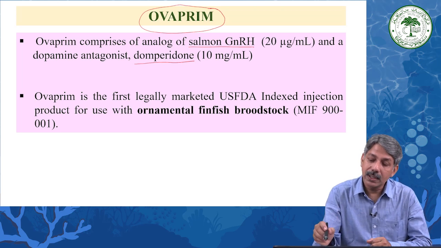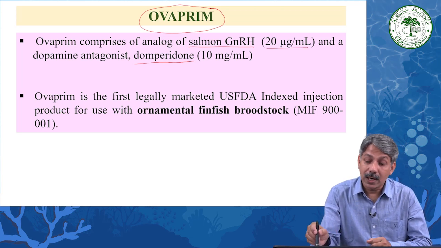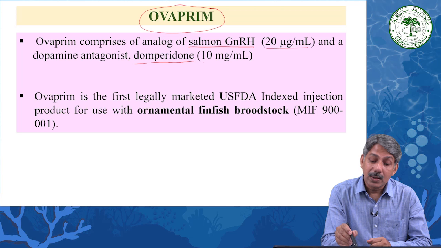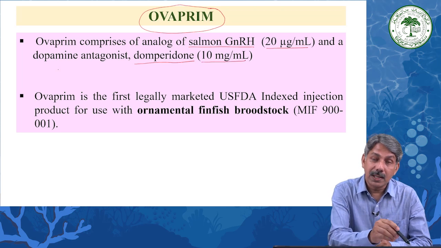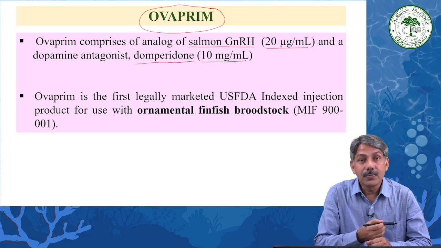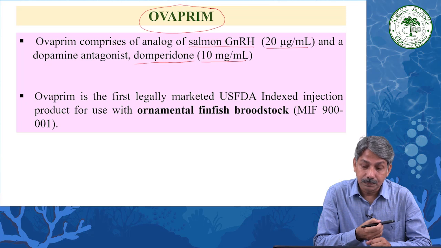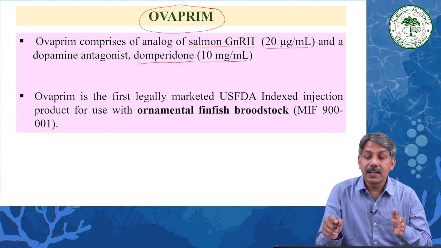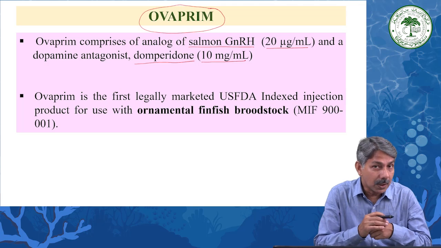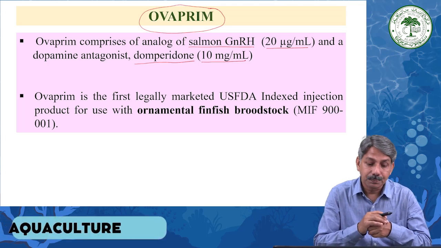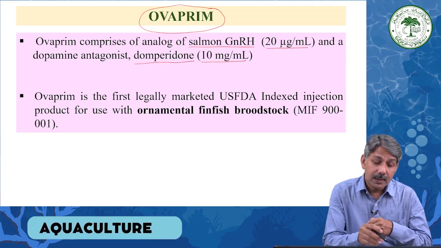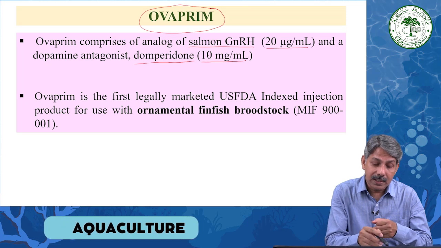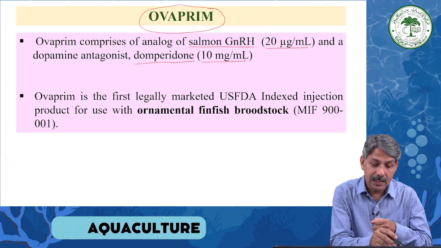What is the rate? 20 microgram per ml, and domperidone, which is a dopamine antagonist, at the rate of 10 milligram per ml. So that is the active ingredients concentration in the vial that you will get. And what is the function of these two, that we can discuss a little later.